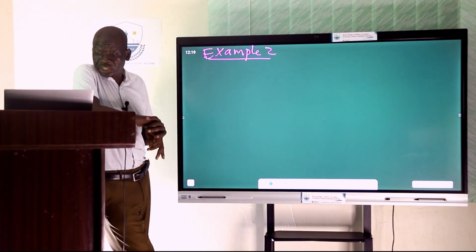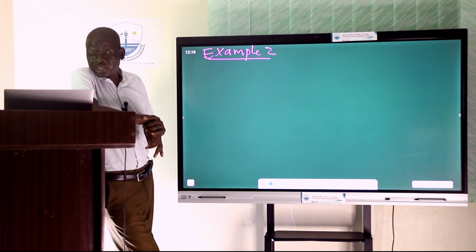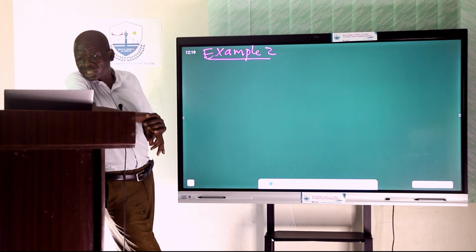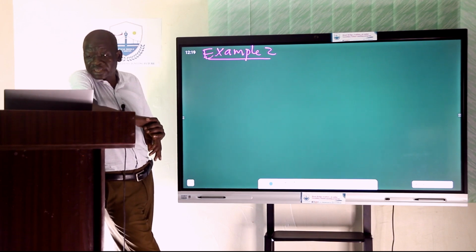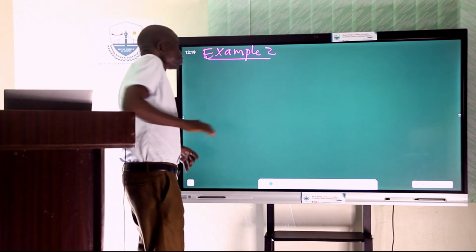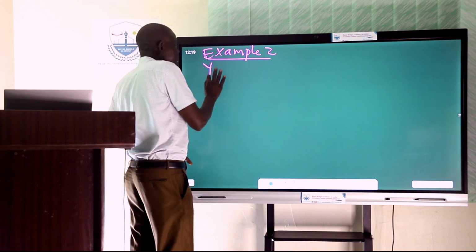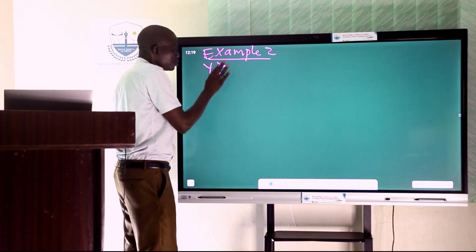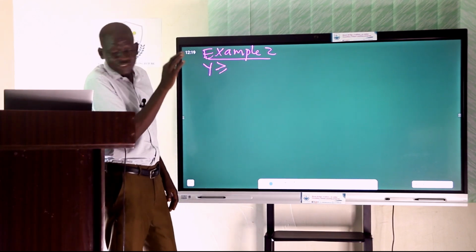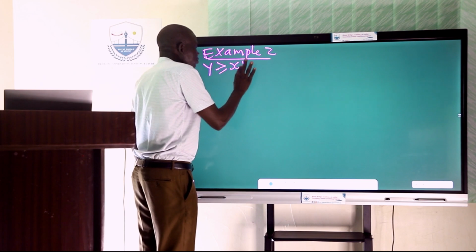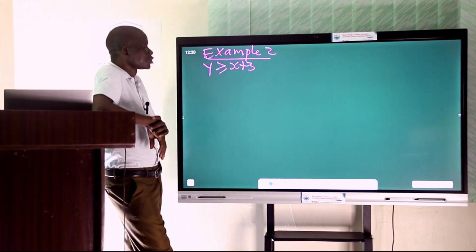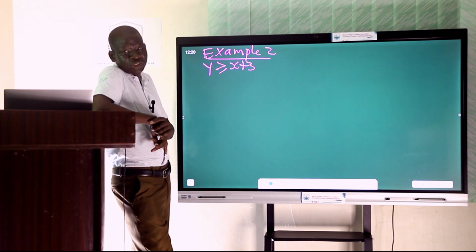Example 2 says, show the region for which y is greater than or equal to x plus 3 by shading out the unwanted region. Here we follow the steps.